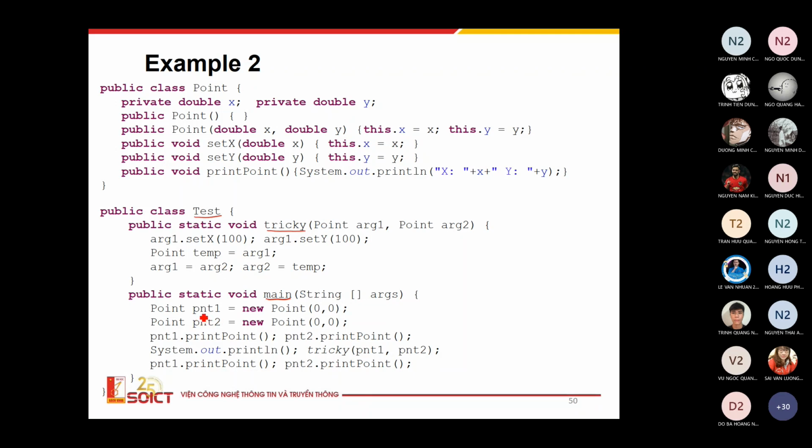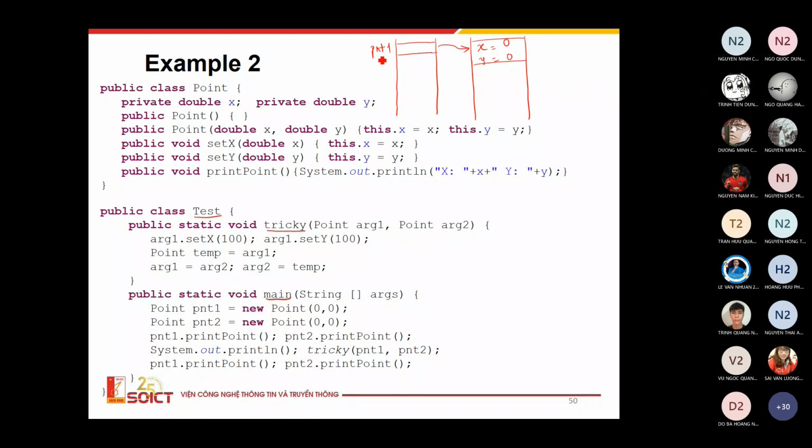Two objects. The first object is PNT1. In the heap, it will create a new object with the values x and y equal to 0 and 0, and it refers like this.